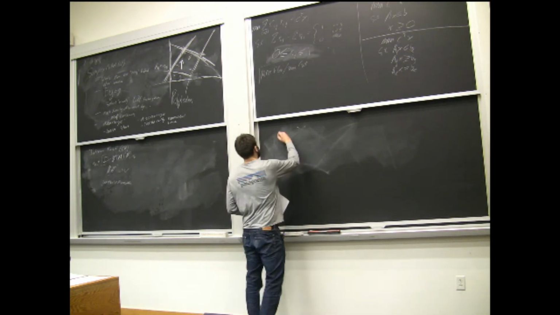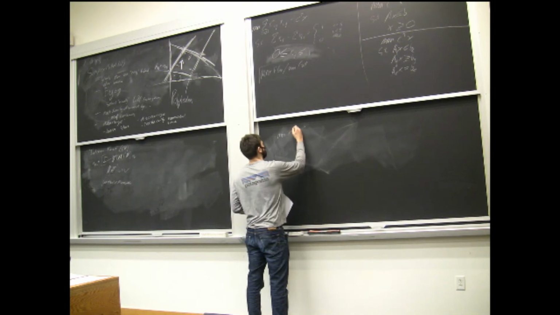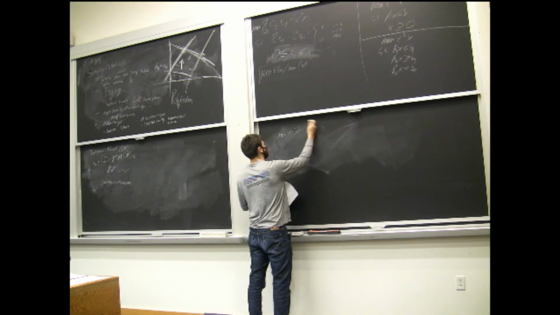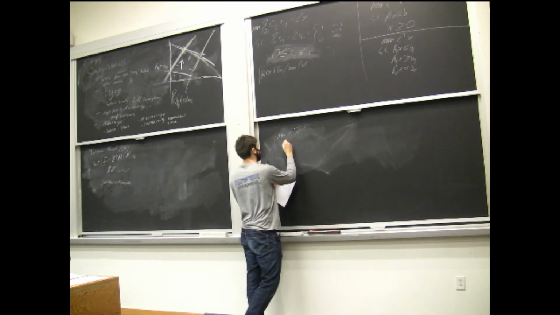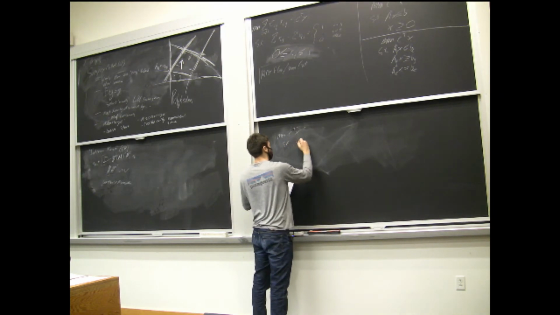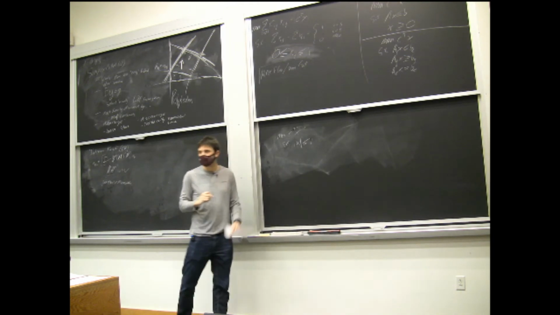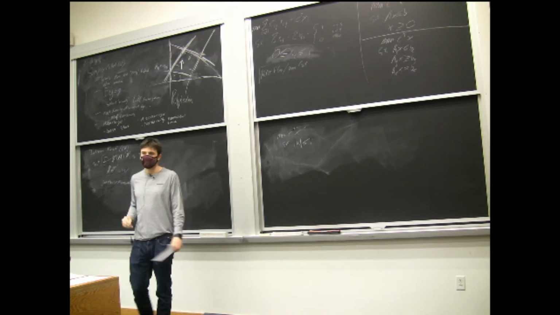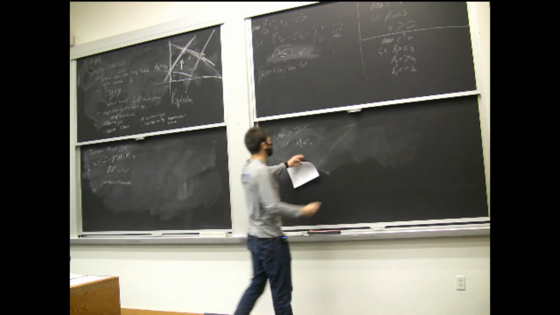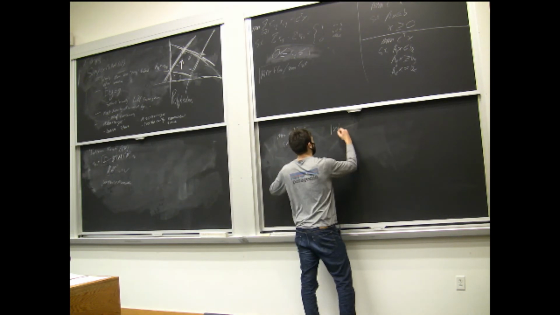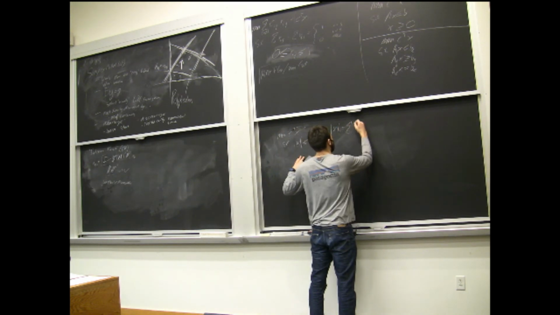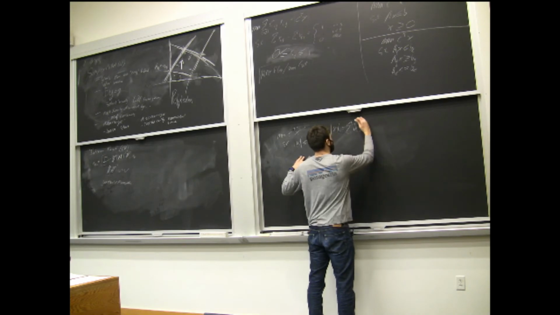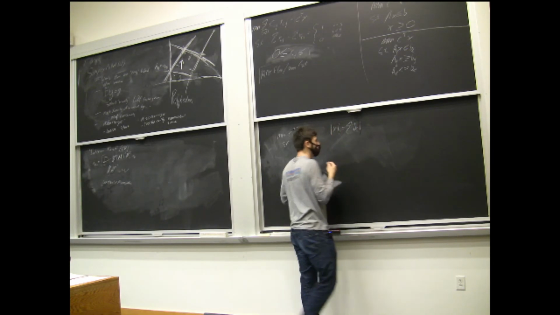Let's say I'm trying to solve this problem. Minimize c transpose x subject to the one norm of x being less than or equal to 1. By the one norm of x, what I mean is the sum of the absolute values of my vector x.